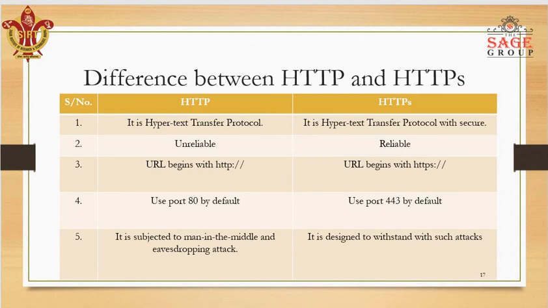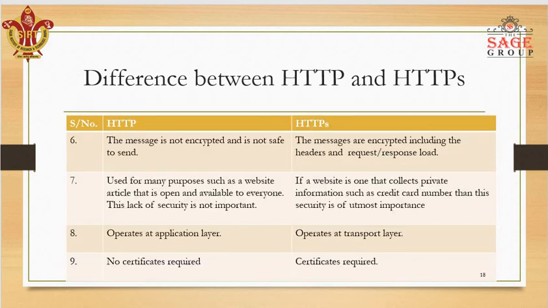The URL begins with http:// in HTTP, and in HTTPS the URL begins with https:// with the padlock icon. HTTP uses port number 80 by default and HTTPS uses port number 443 by default. HTTP is subject to man-in-the-middle and eavesdropping attacks and is not designed to handle such attacks, while HTTPS is designed to withstand them.